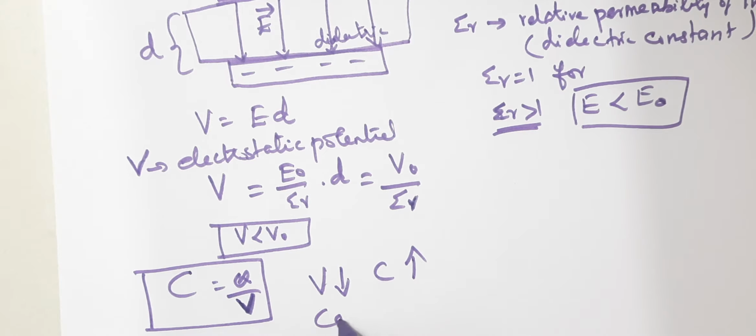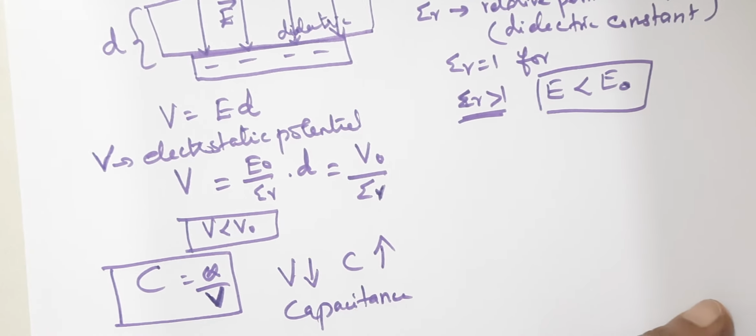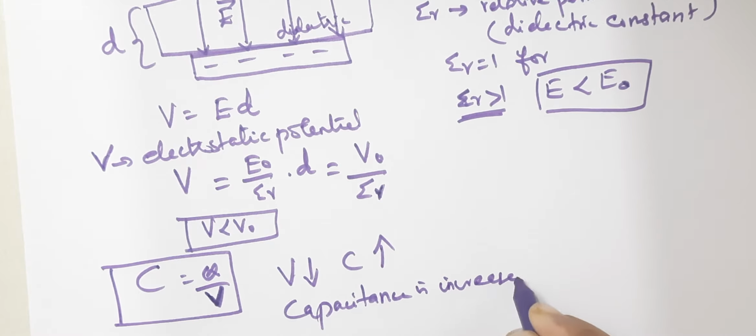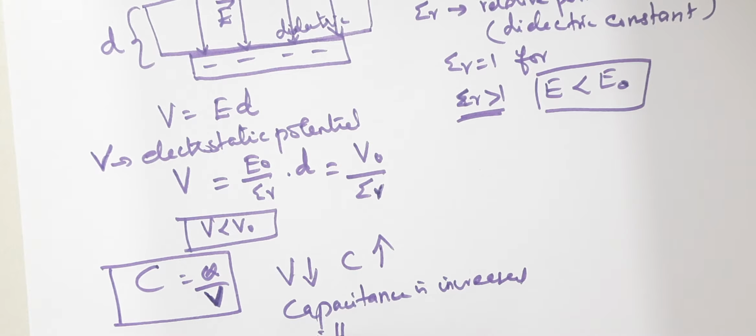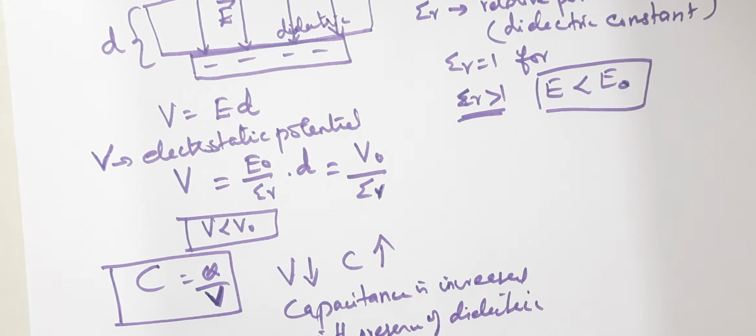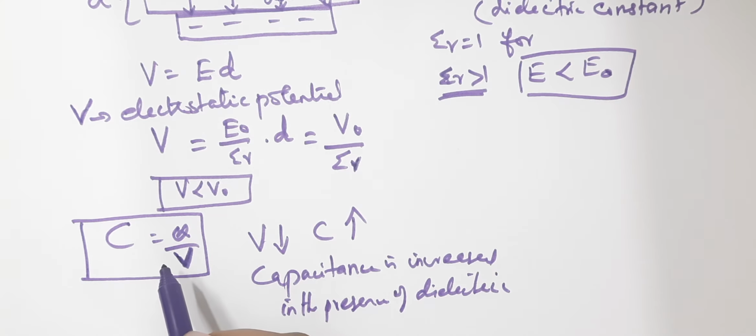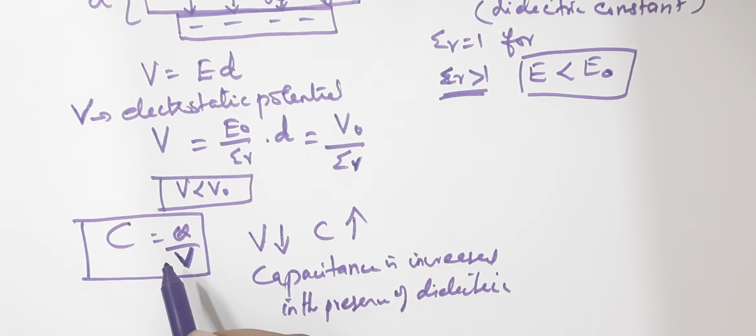So the new capacitance is increased in the presence of the dielectric. Here you should remember that the value of charge remains the same.